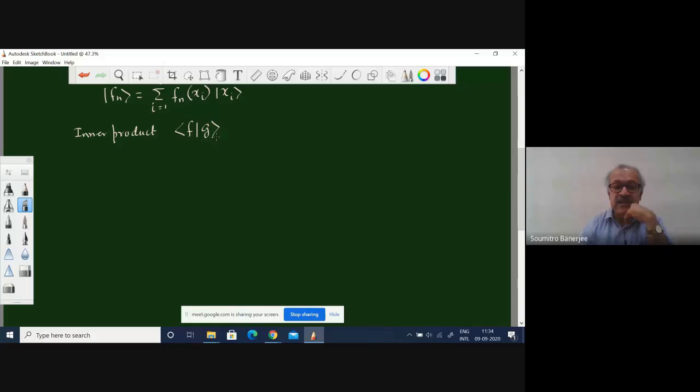That would be expressed as the sum over i equal to 1 to n of f evaluated at xi, then g evaluated at xi.